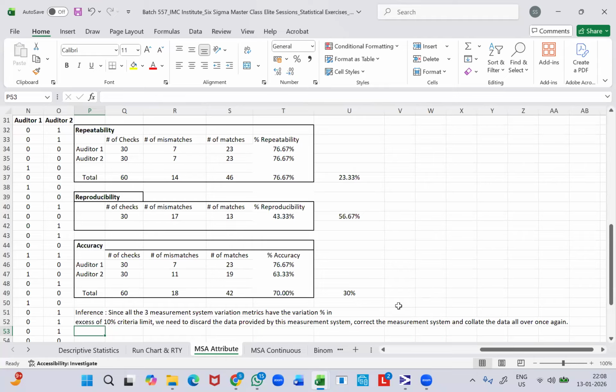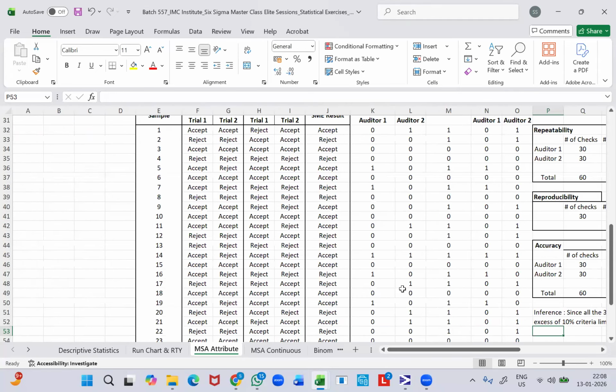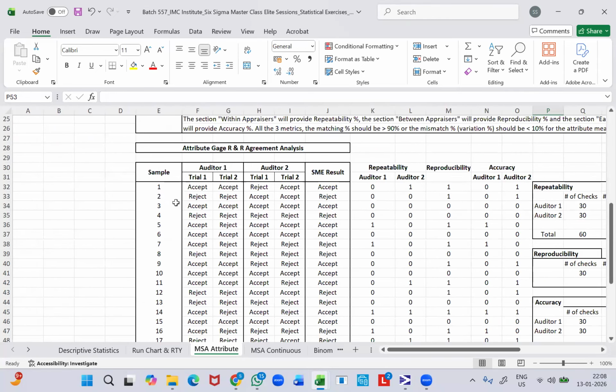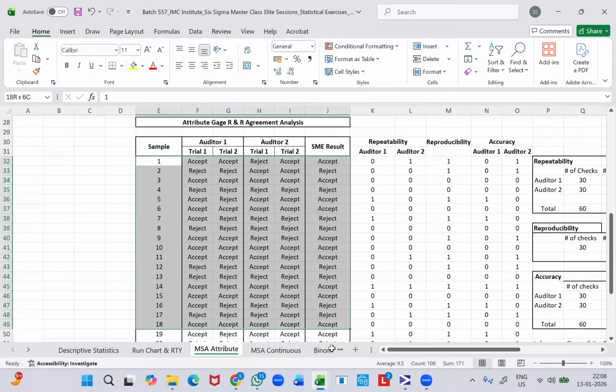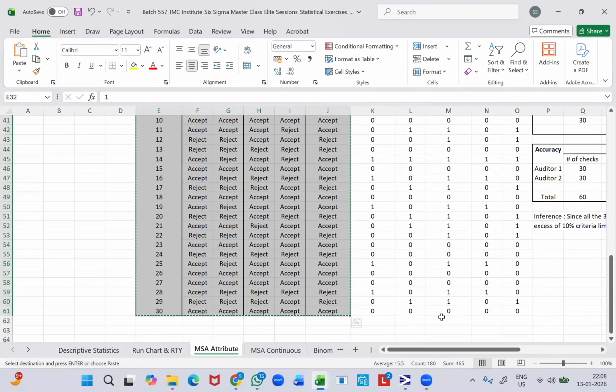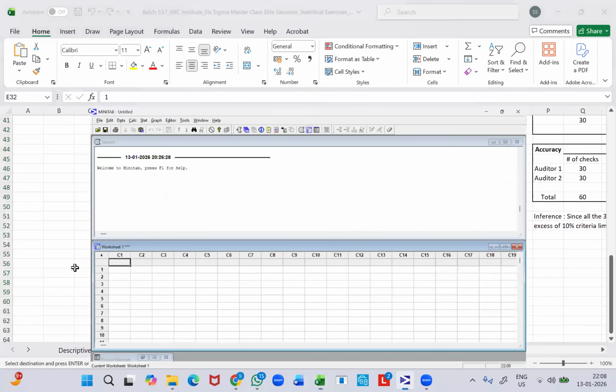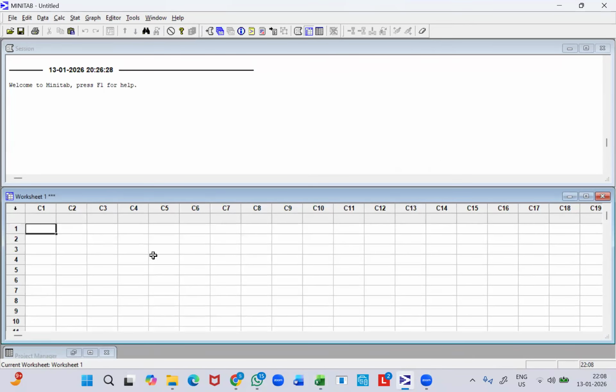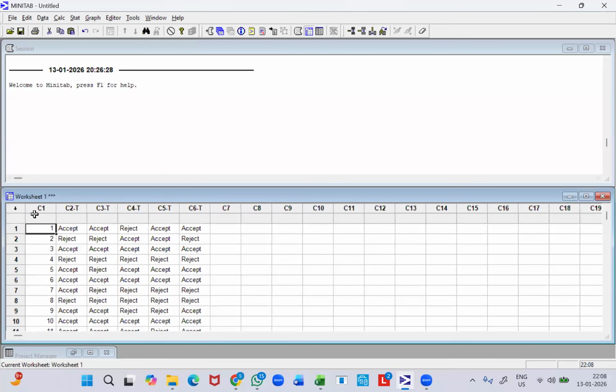Right, so this is the inference that we will come up with for this particular scenario where the variation percentage is in excess of the 10% criteria limit. So if you want to perform this analysis using Minitab, we simply need to copy paste this entire table in the Minitab worksheet, right?